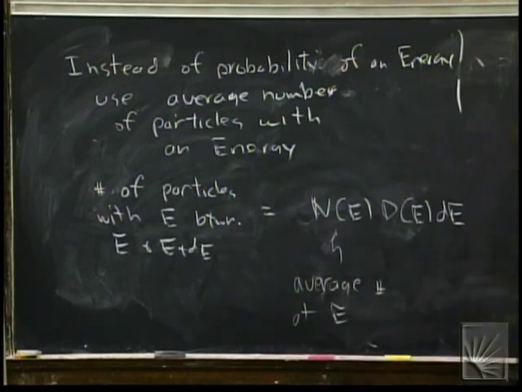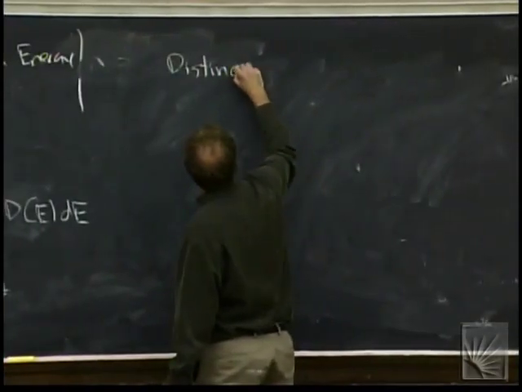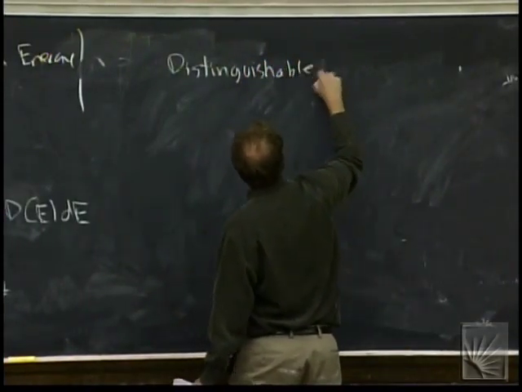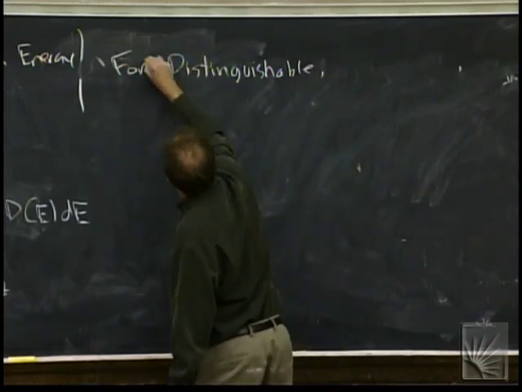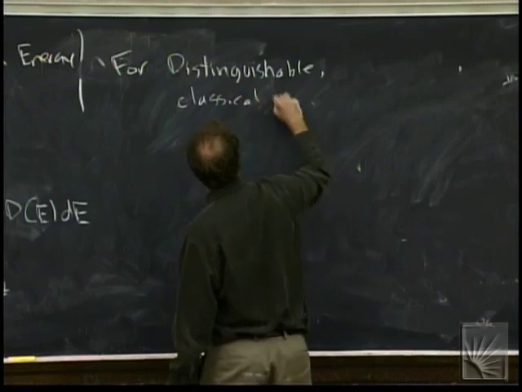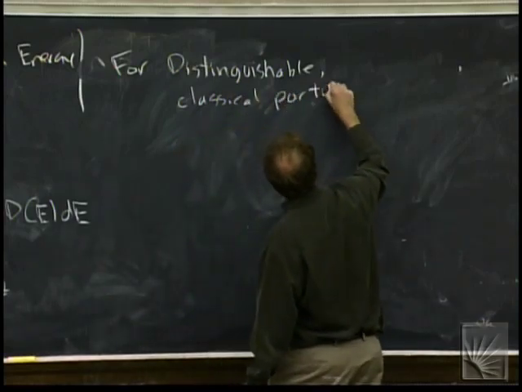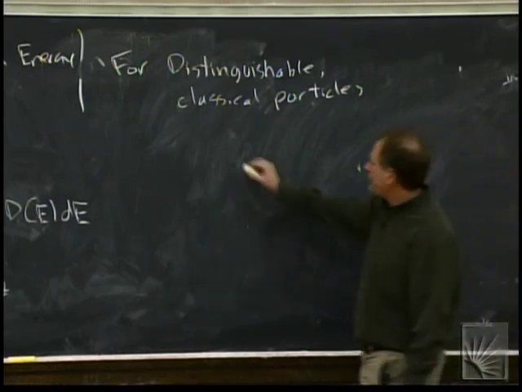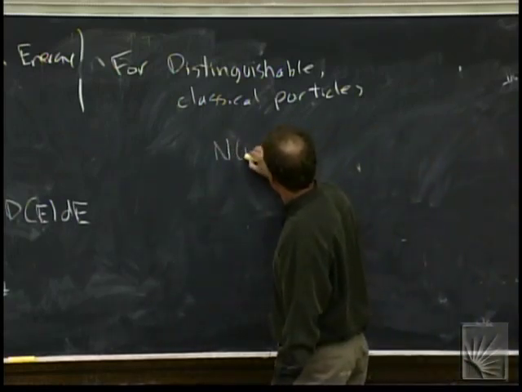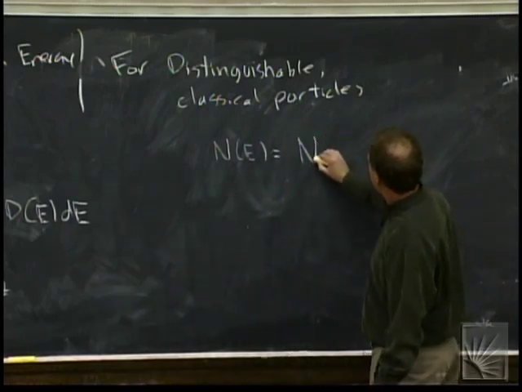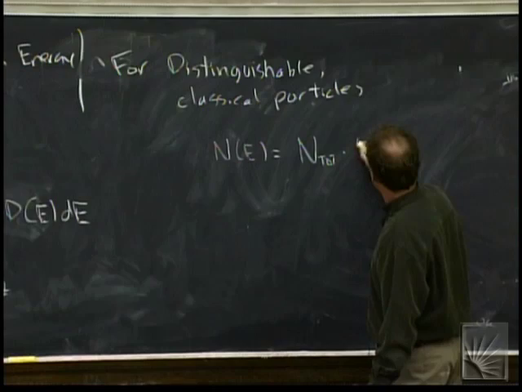And for distinguishable classical particles, N is just the total number of particles times the Boltzmann term.